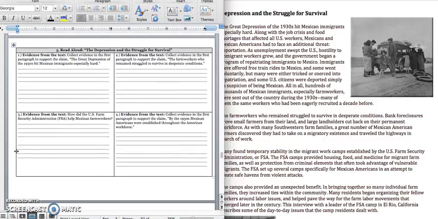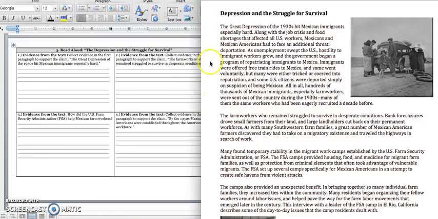Go ahead and turn the page, and you can go ahead and tear off the back page in your packet so that you have this text out on your desk, Depression and the Struggle for Survival.